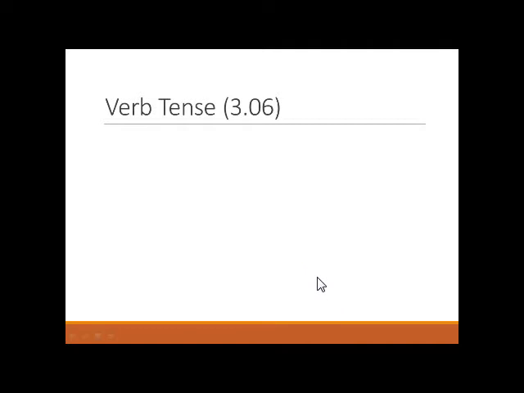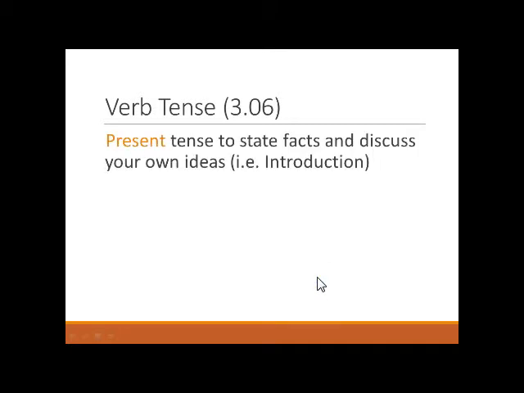In terms of verb tenses, what APA says is if you are talking about your own ideas, such as in chapter 1 of a dissertation or introductory sections of another type of document, that you should write about those ideas in present tense.